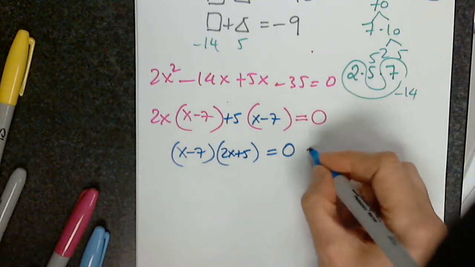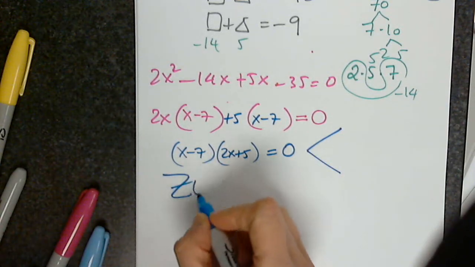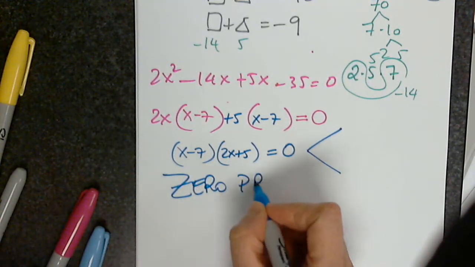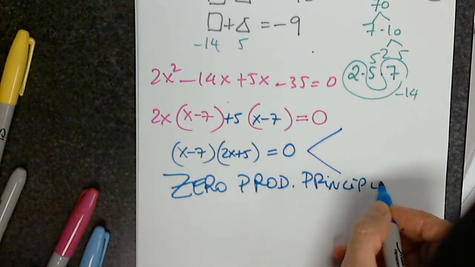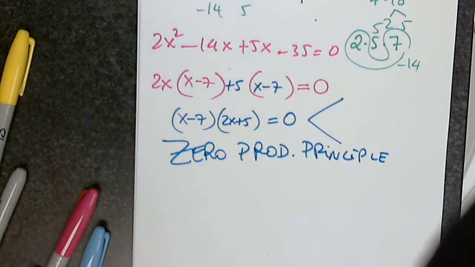Good. Now we use the zero product principle. If a product of two factors is 0, what are the options? How can I get a product of two numbers to be 0? If the first or the second equals 0.